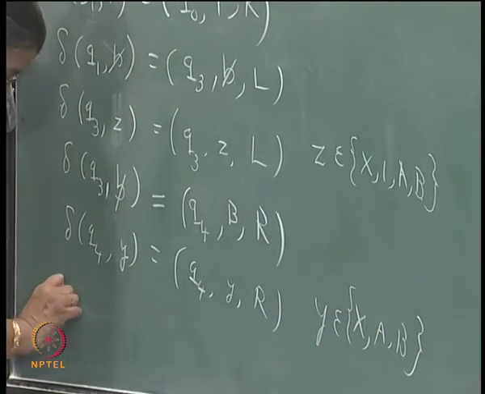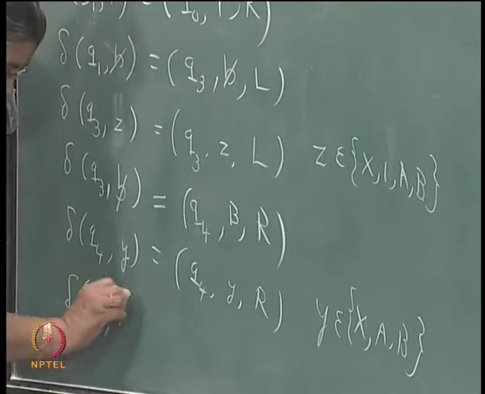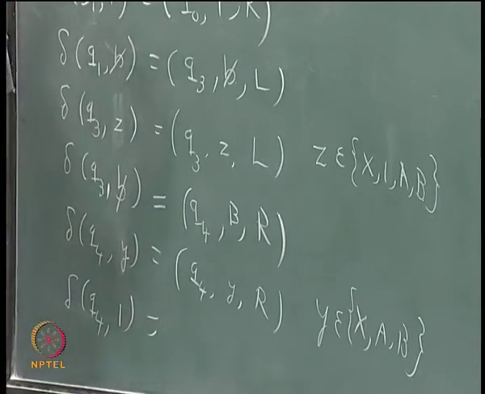Now, delta of Q4 1, it has to start the process all over again.